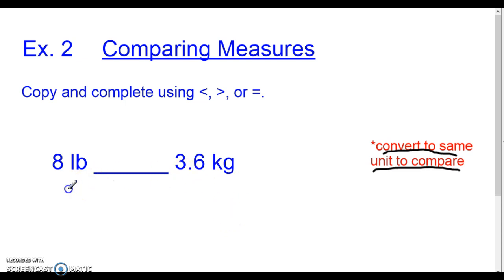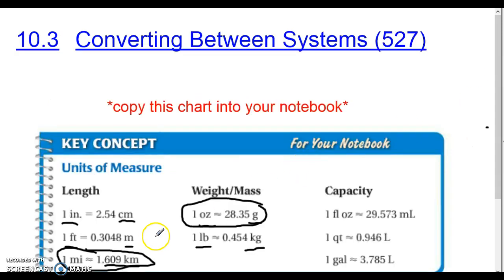So here I'd say 8 pounds. I'm going to convert that one to kilograms over 1 times, and then I need to look for my conversion factor. Pounds to kilograms is right here, so 0.454 kilograms.